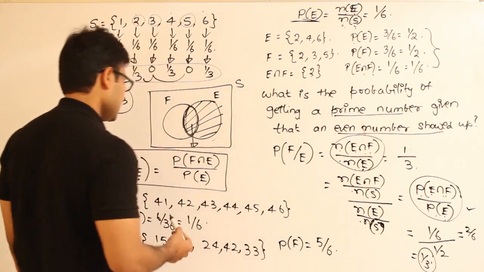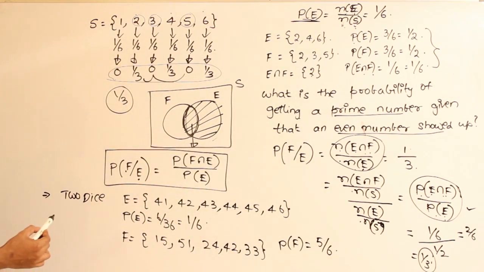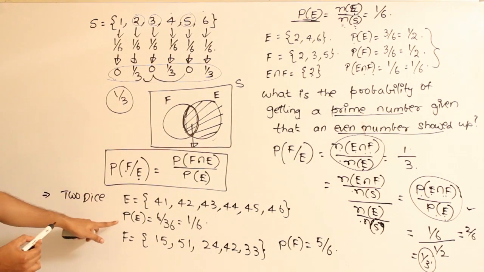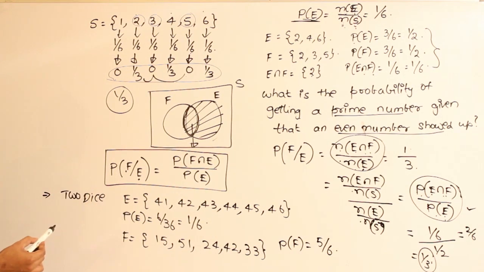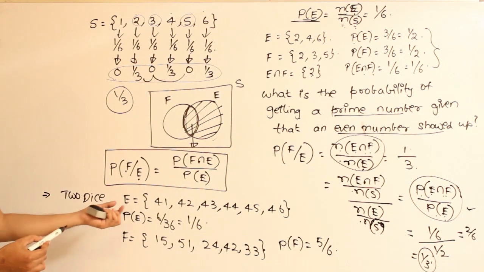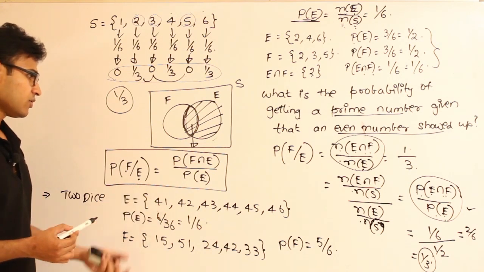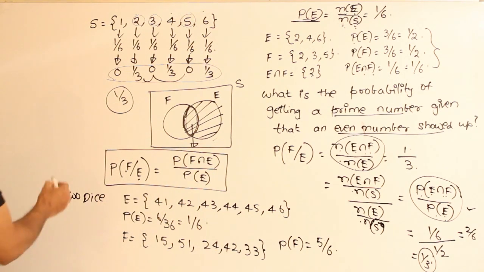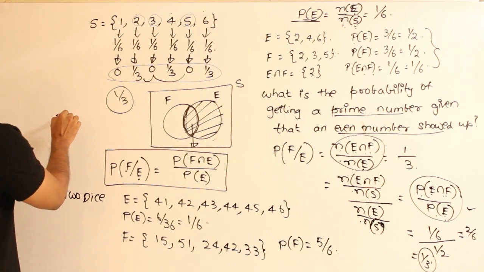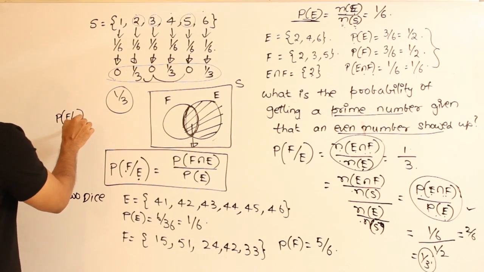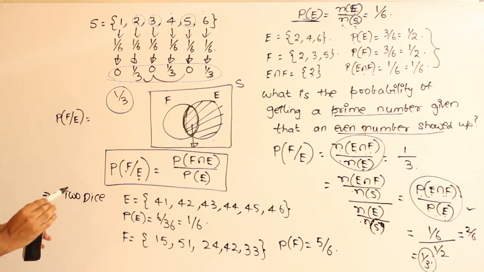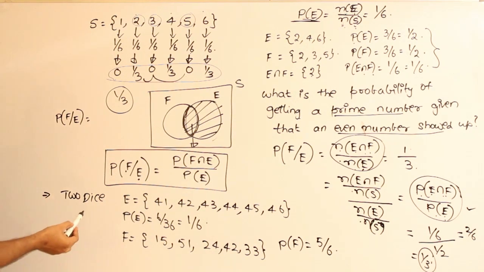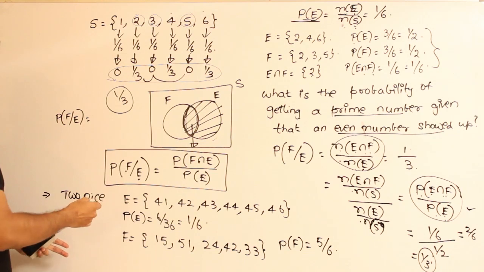Now assume that E has already occurred. What is the probability of F occurring? Which means, given that the first die has turned up 4, what is the probability that the sum of the dice is going to be 6? That is the probability of F given E. How are you going to do this? You can do it in various ways. One method is to use this formula, or you can change the probabilities.